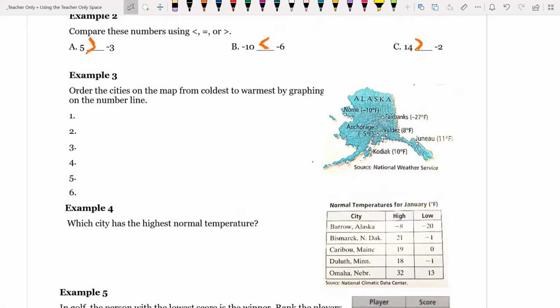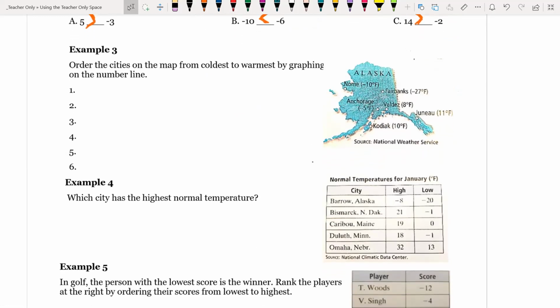Example 3, we want to order these from the map from coldest to warmest. Okay, so look at these numbers. We have -10, -27, -5, 8, 11, and 10. Which one's the smallest? Which one's the coldest?